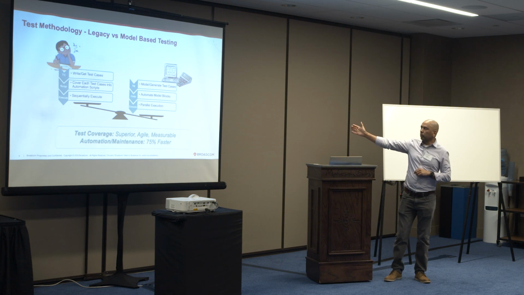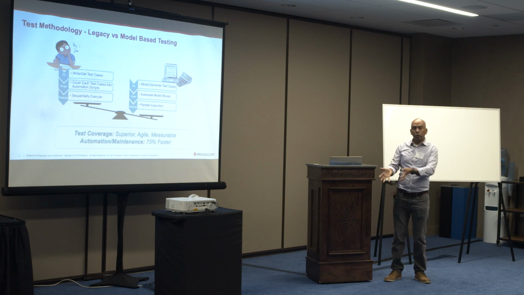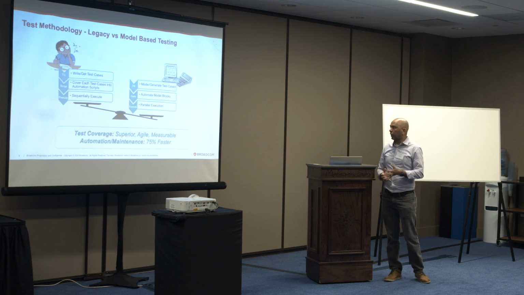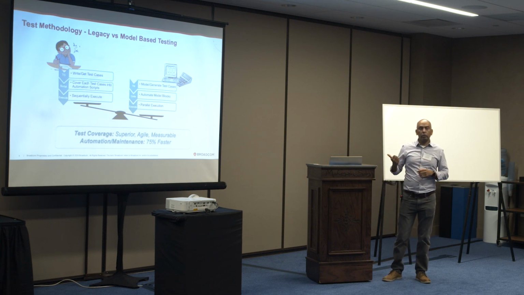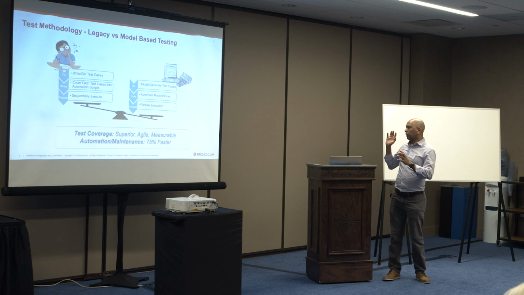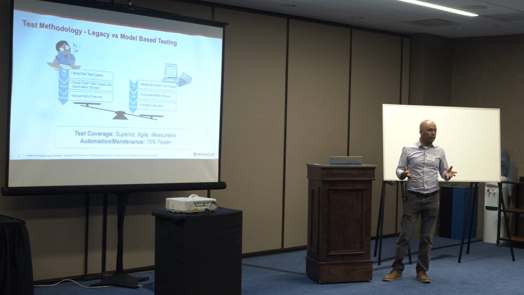The model-based testing way is you build a model of your application, and you hand it over to these tools. They generate highly effective test cases. And if you know what you're doing, you can execute those in parallel so that you can get your results much faster. Comparing these two, it's really like an accounting firm that still does accounting by hand compared to spreadsheets and so forth. This is really the difference.